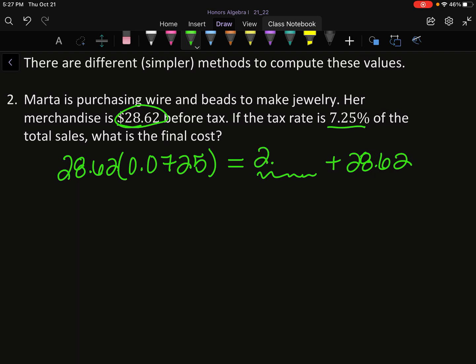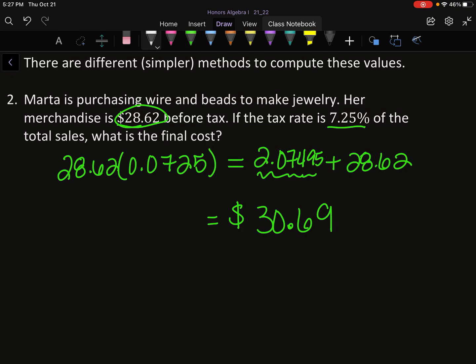Okay, so this was 2.07495 plus 28.62. So our final cost is $30.69. Okay, so that was one way to do it.